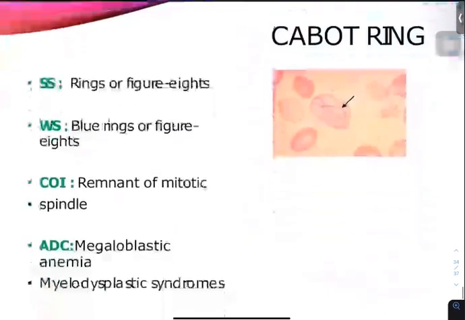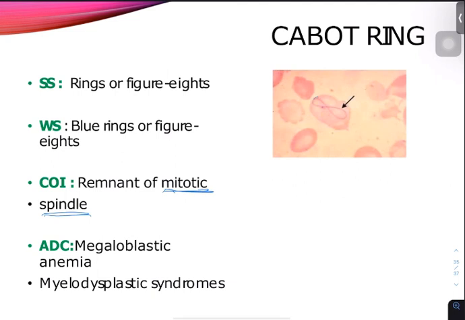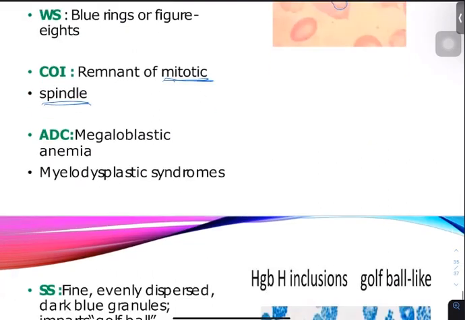Next is your Cabot ring. Usually a figure of 8 or rings. These are the remnants of your mitotic spindle. If your cell did not continue mitosis, it will have a remnant of this figure of 8, your Cabot ring. Usually associated with megaloblastic anemia and myelodysplastic syndrome.